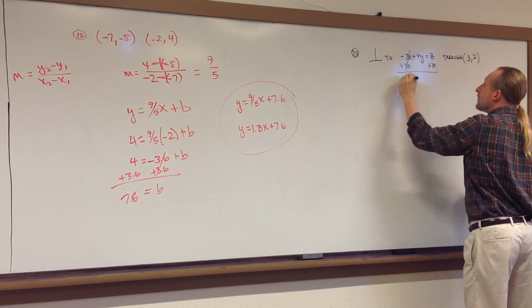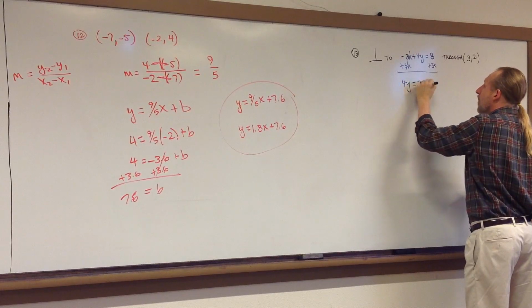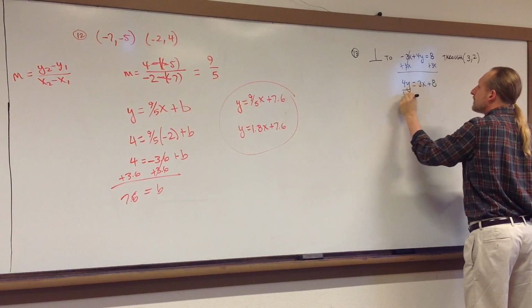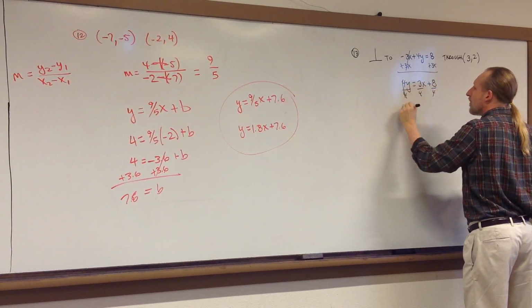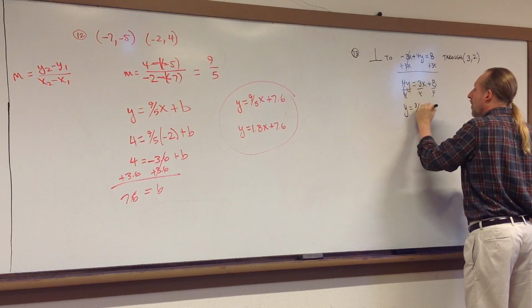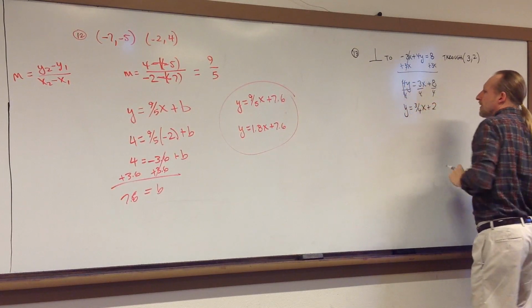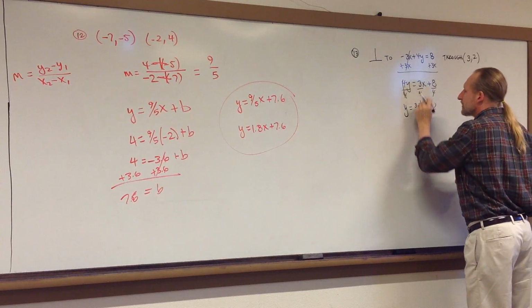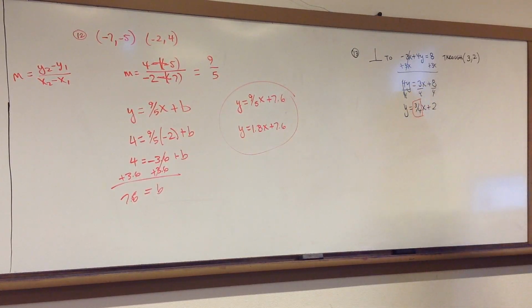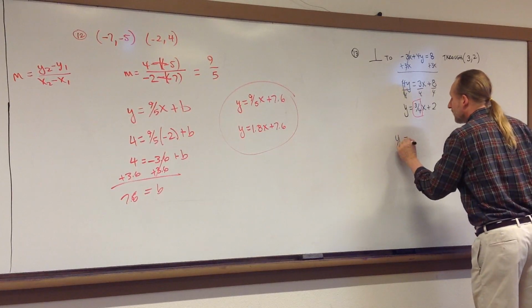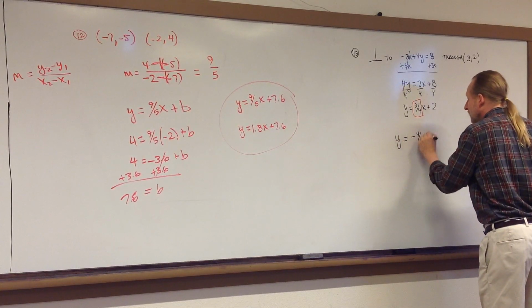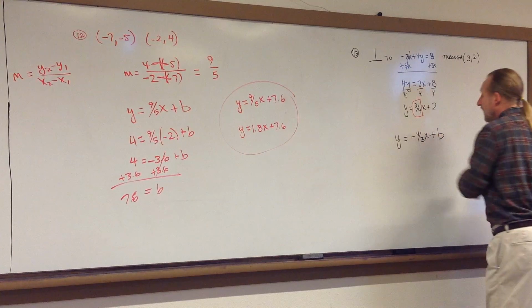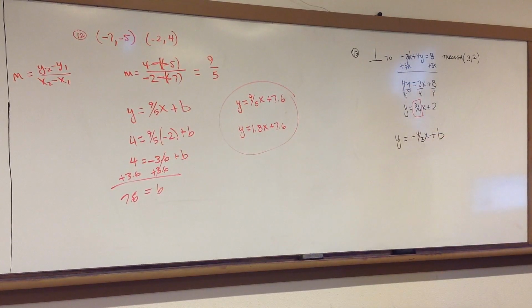Add 3x to both sides. And divide everything through by 4. So, here's the slope for the line that we're interested in. A line that's perpendicular to that line will have a slope of -4/3. Flip it over and change the sign. And we don't know what the y-intercept is going to be.